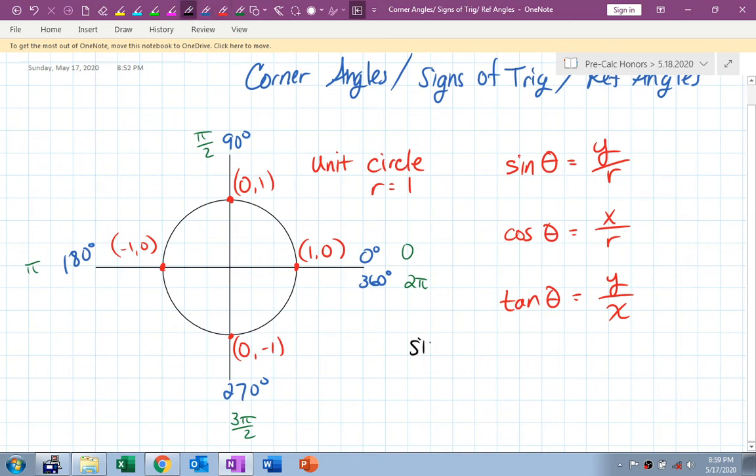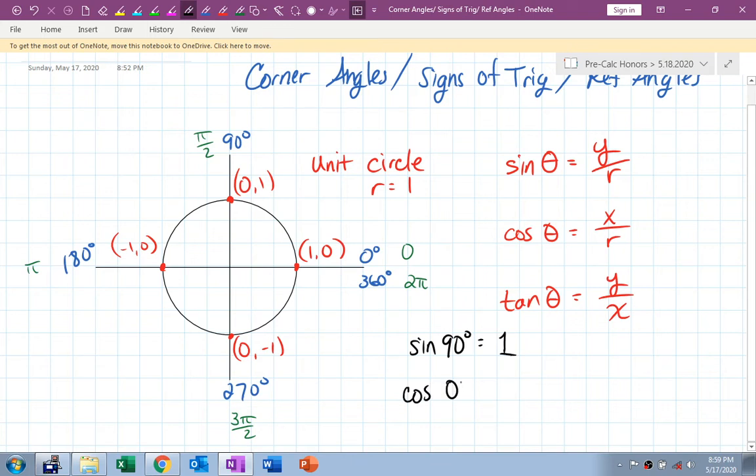So let's say we have the sine of 90 degrees. Well, I know the sine's the y value. So I'm going to go to 90 degrees, which is on my unit circle, right here. And then I'm going to look at the y value of that point, and it's 1. So the sine of 90 is 1.